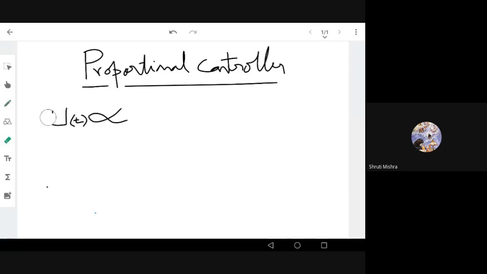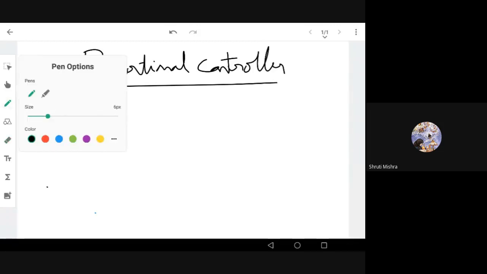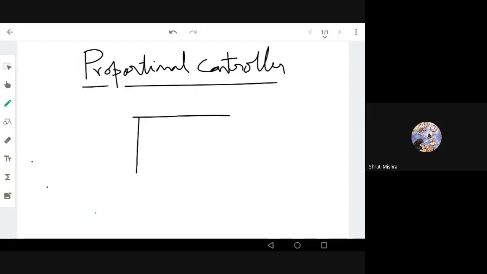In this example we are taking c. Usual standard textbooks give u as the output of the controller. So there's a controller whose output is u(t). This is the input to the plant, right? So you should know the big picture.